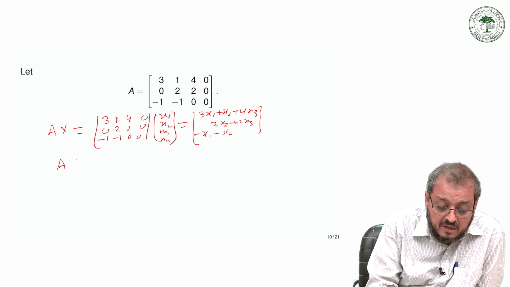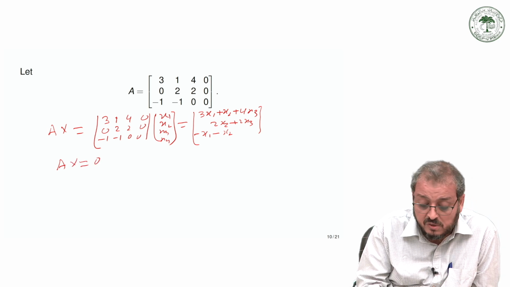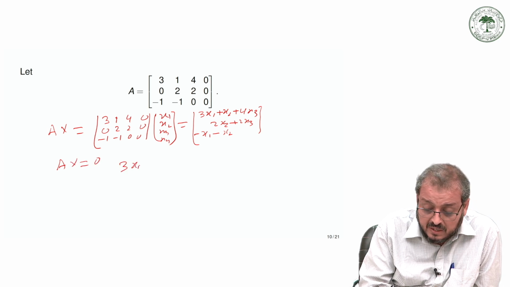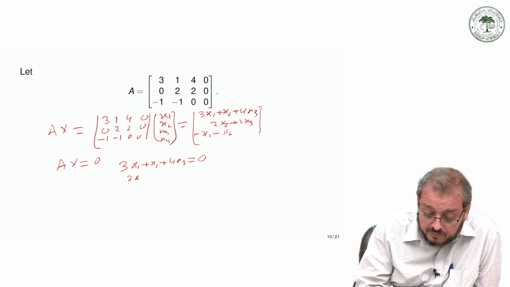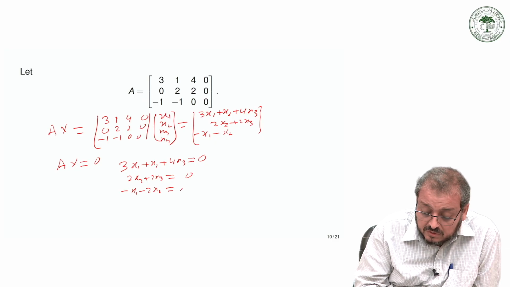Now we have Ax equal to 0, so 3x1 plus x2 plus 4x3 is equal to 0, then 2 times x2 plus twice x3 is equal to 0, and minus x1 minus twice x2 is equal to 0.